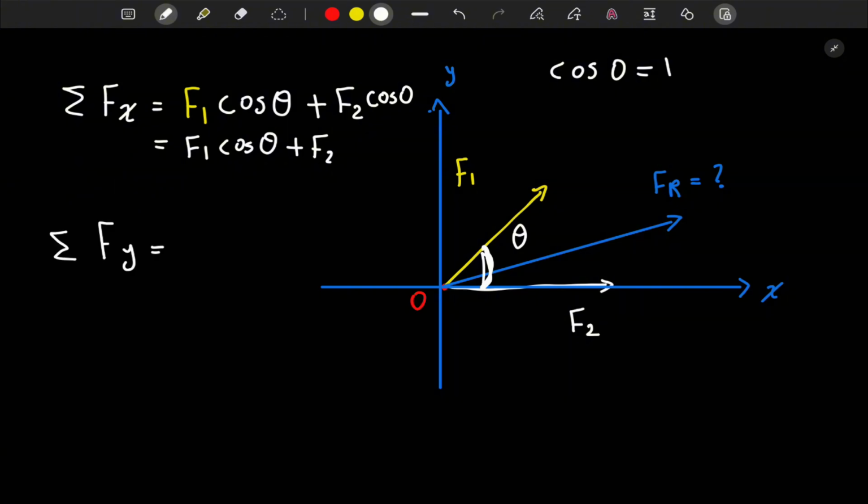Okay, now how do we find the summation of the vertical forces right here in the y-axis direction?